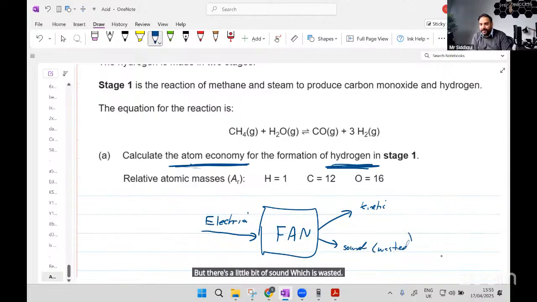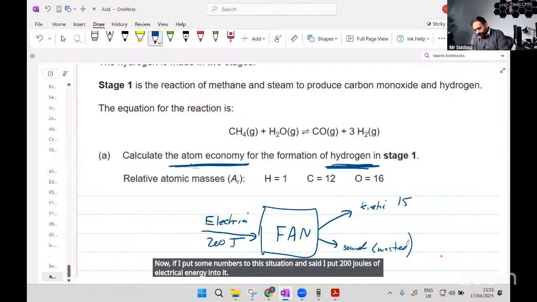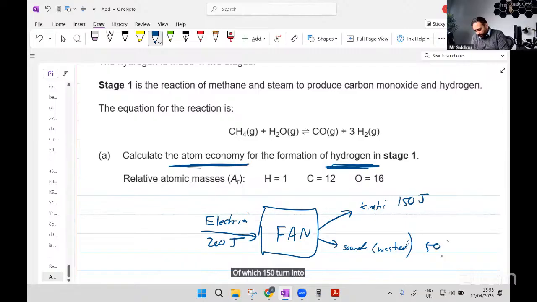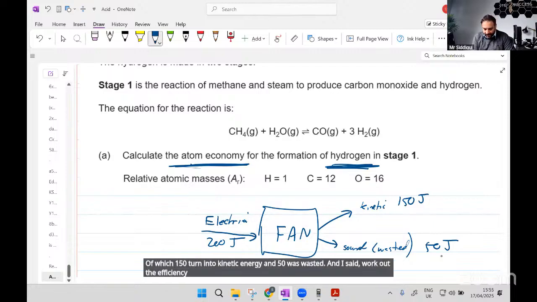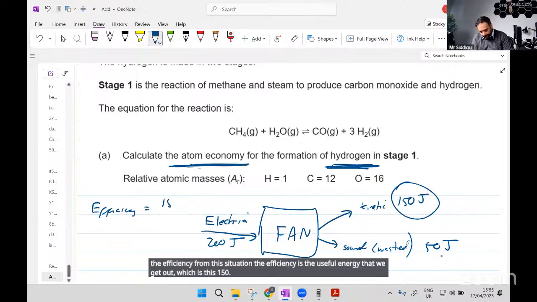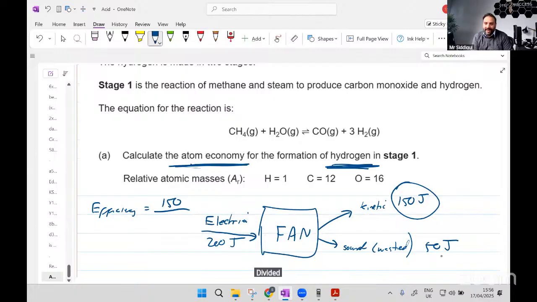Now, if I put some numbers to this situation and said I put 200 joules of electrical energy into it, of which 150 turned into kinetic energy and 50 was wasted, and I said work out the efficiency from this situation, the efficiency is the useful energy that we get out, which is this 150, divided by the total energy that we put in, which was 200, and we times it by 100.